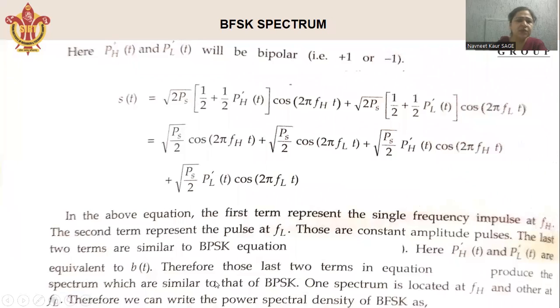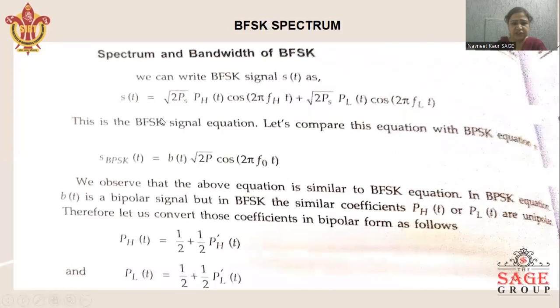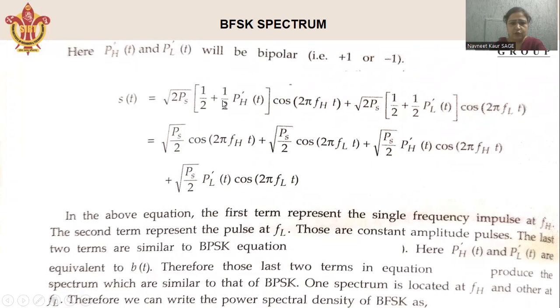Now, substituting the values of PH(t) and PL(t) from the equation given by this term, we will have root 2P, and here we have the PH(t) substitution, and here we have the PL(t) substitution. Now, expanding this, I'll get this equation. Here we can see that we have four terms. The first term represents the impulse at the frequency fH.